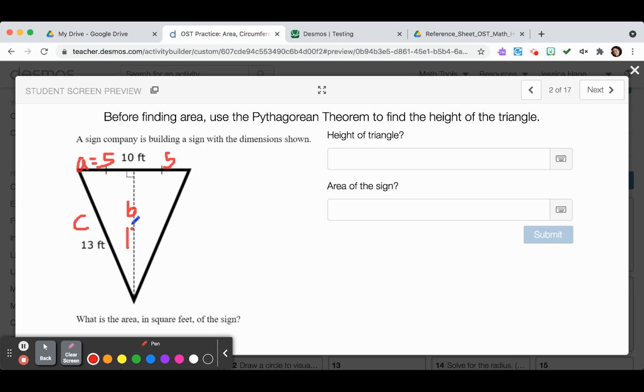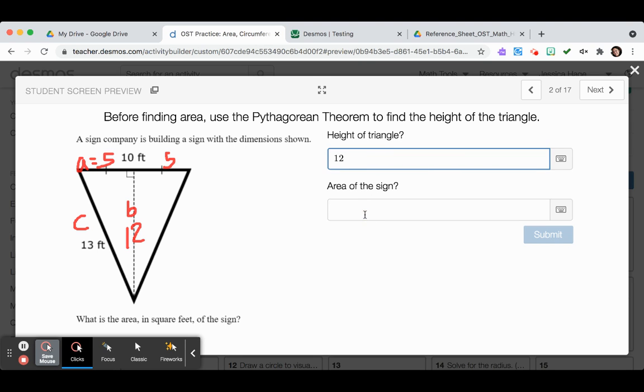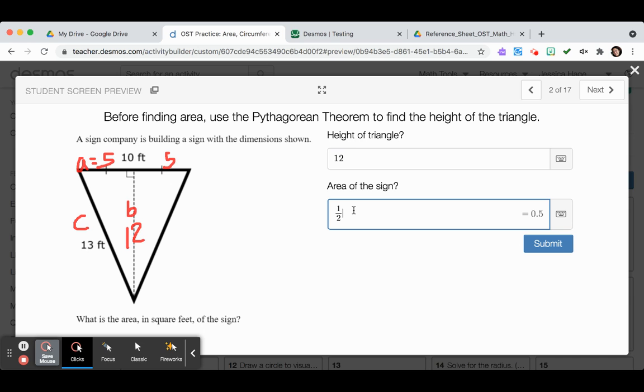With the height being 12, now we're ready to find the area of the triangle. The area is going to be 1/2 the base, which you can do 5 times 12 and then double it, or you can do the base of 10 times 12.